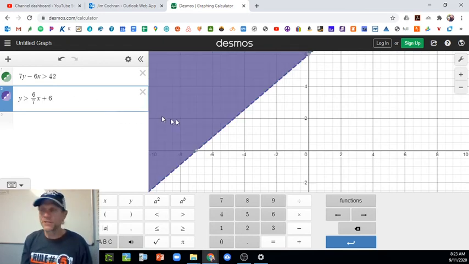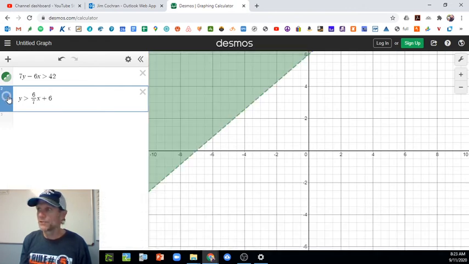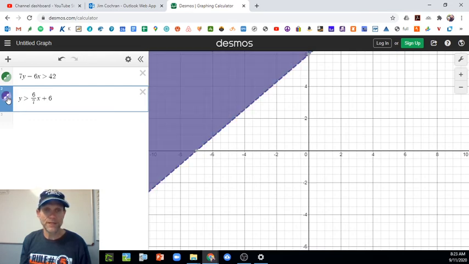Now if you take a look at this, the first one is in standard form, or not quite standard form, because usually we like the x and the y in a different order, but it's in a different form than slope-intercept form. Because those two graphs are identical, that means these two inequalities are identical. One just happens to be in slope-intercept form.